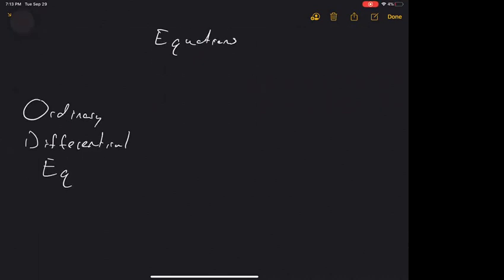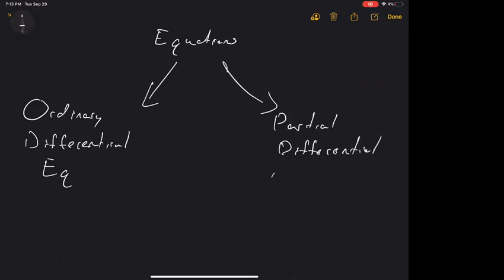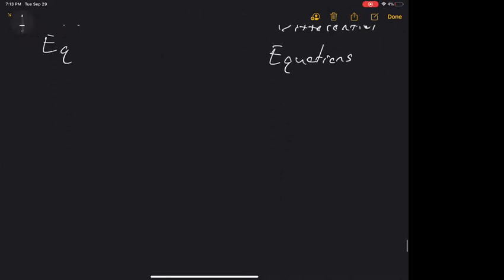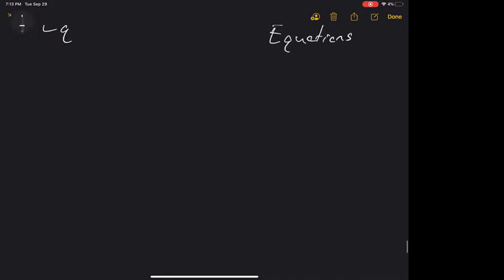So that's one branch, and then there's partial differential equations, which is another branch. You see this word partial here, and we've been talking about partial derivatives, and that's not a coincidence. So let's talk about ODEs real quick.